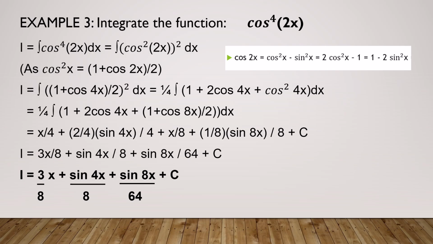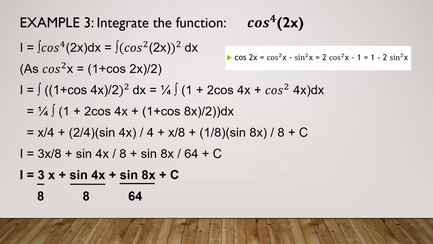The integral of cos is sine, but it is cos 4x, so you have to divide by 4. So 2 upon 4 into sine 4x. Plus, the integral of 1 is x, but already you have 1 upon 4 and 1 upon 2, so it is x by 8.